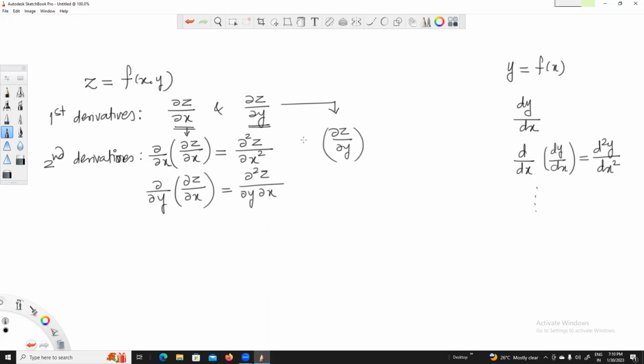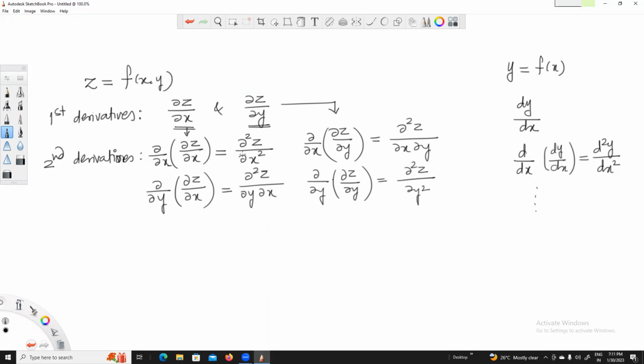Again, I have two choices, either to differentiate with respect to x, or I can also differentiate with respect to y, del z over del y. So here, what I get is del 2z over del x del y, and here what we get is del 2z over del y square.